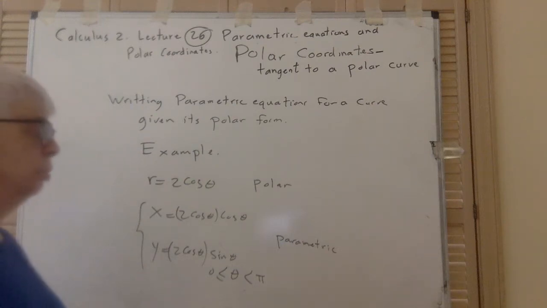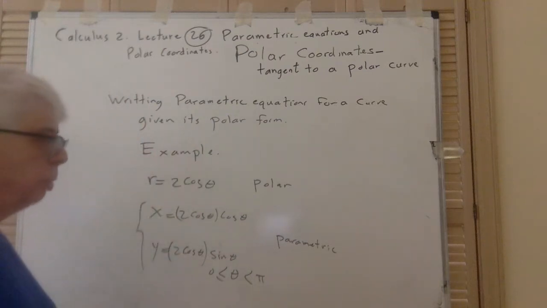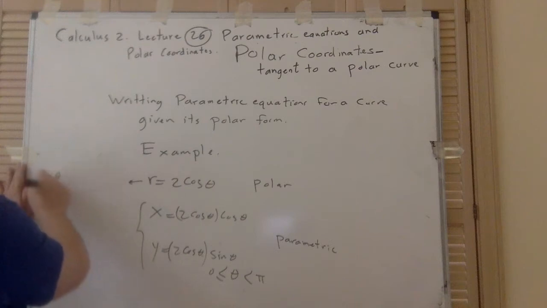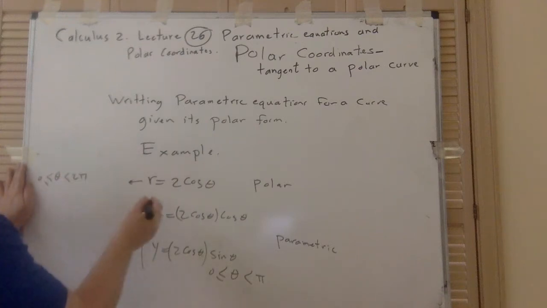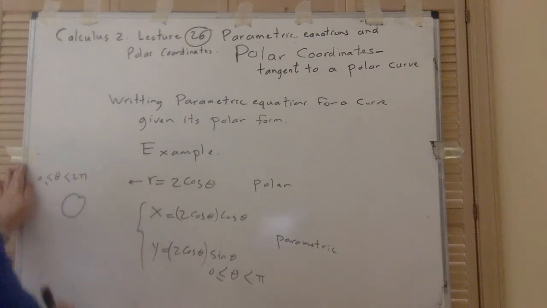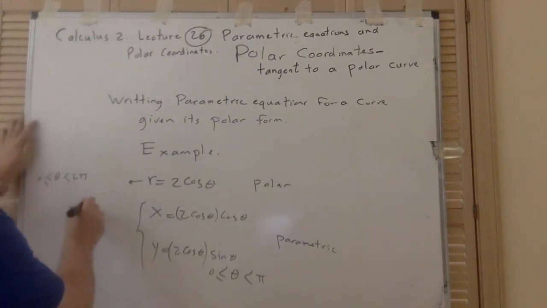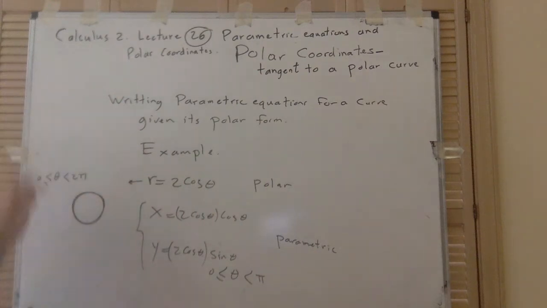That is something you should be careful about when dealing with polar coordinates. If theta goes from 0 to 2 pi, then you go around the circle twice: one turn, two turns.